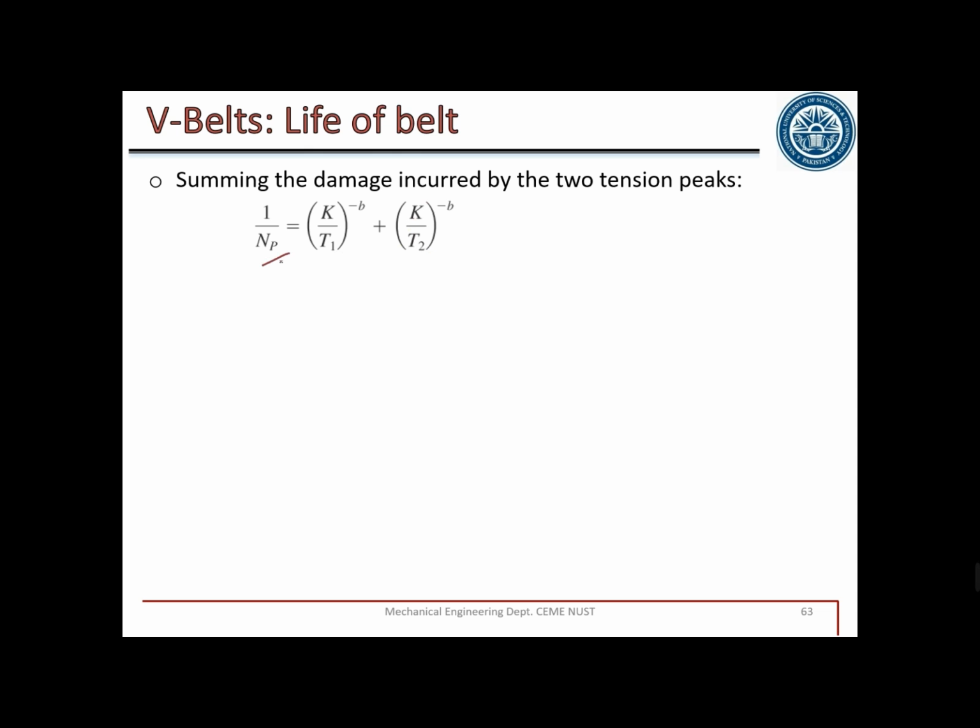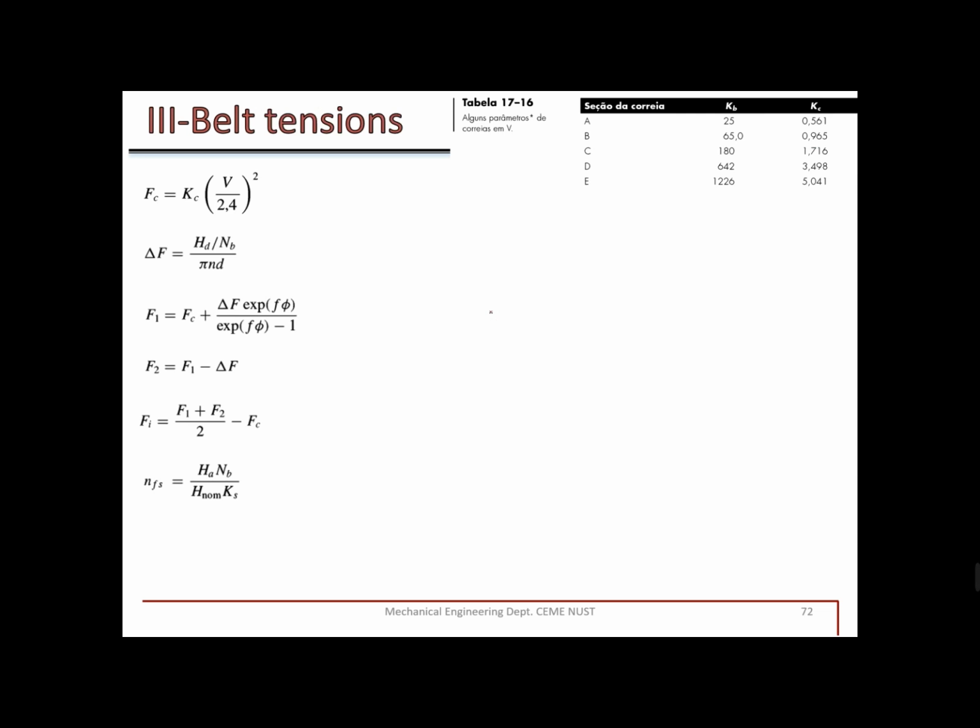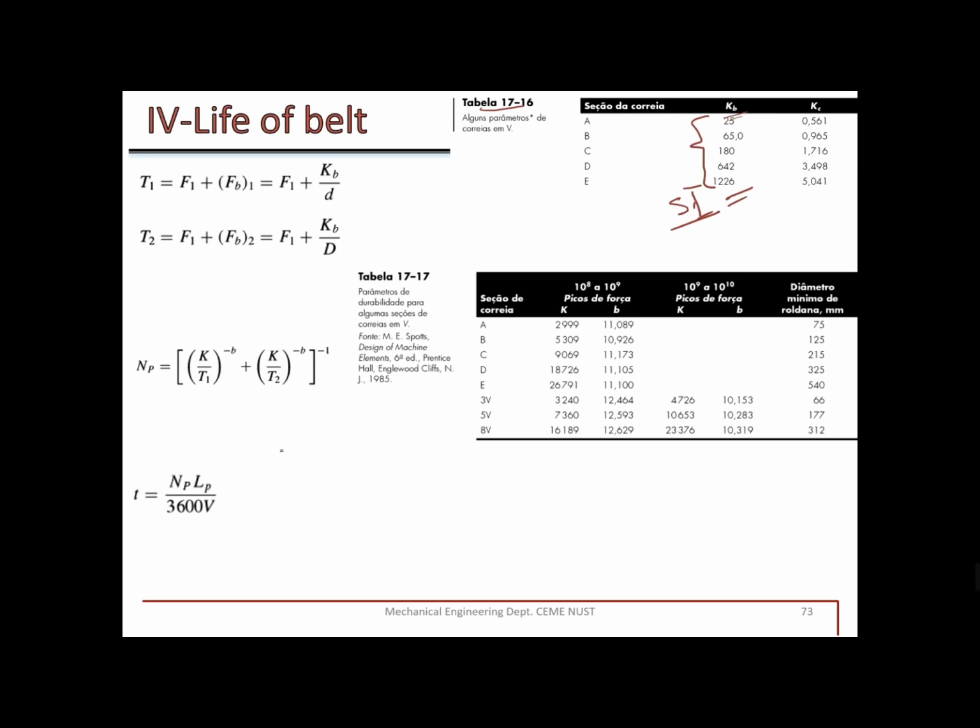So from here we can calculate the number of passes in the belt, and from that we can calculate the life of the belt. This equation here is for the metric edition book. For the SI edition, I hope that this is the equation.